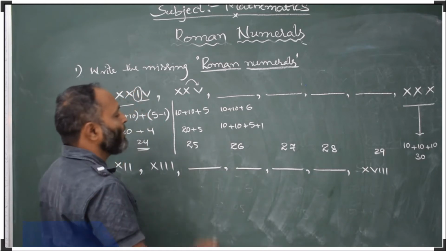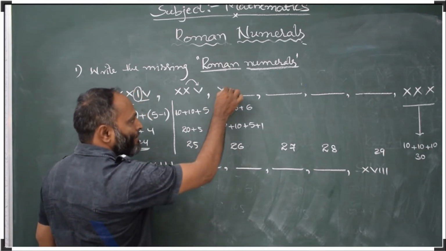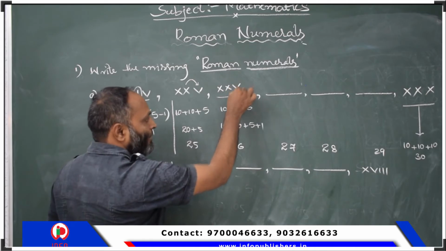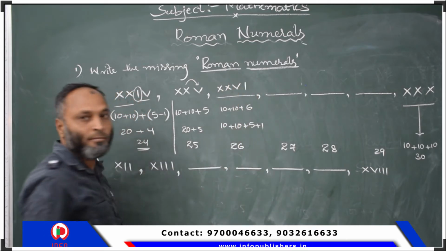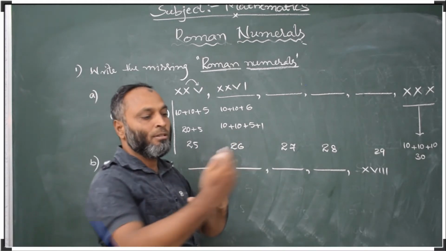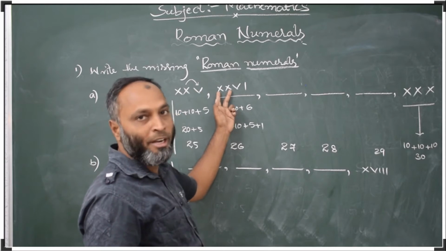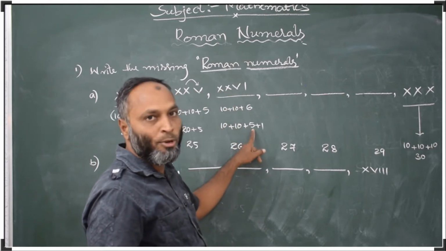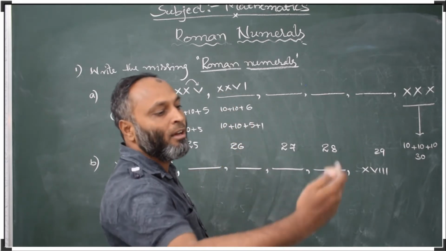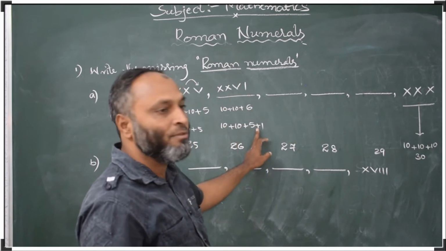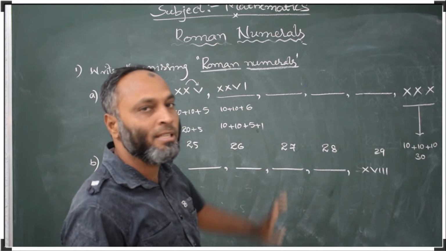Then in Roman numerals, 10 means X, 10 means X, 5 means V, 1 means I. All are plus. Bigger, equal, equal, then repeated. Repeated means 2 times X. And this is smaller and this is smaller. Smaller will come on the right side, it means we have to take on the right side. Plus means we have to take on the right side, so according to our second rule.